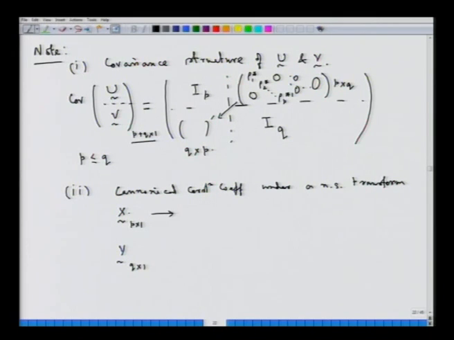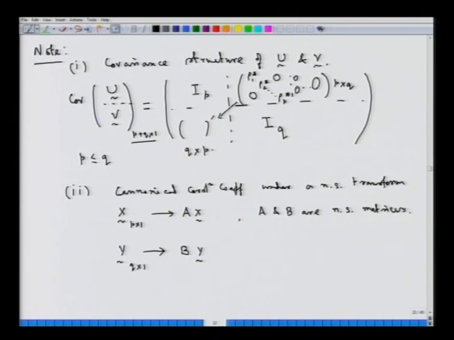We make a transformation from x to Ax and from y to By, wherein A and B are non-singular matrices.